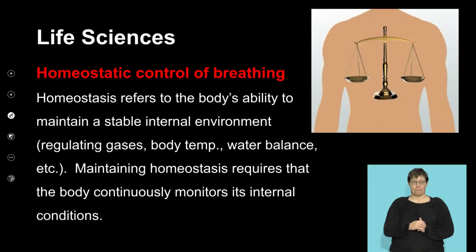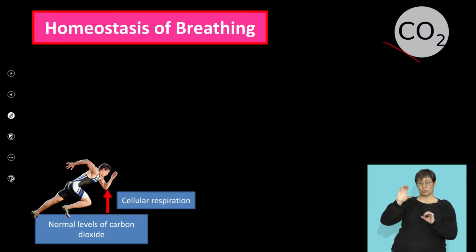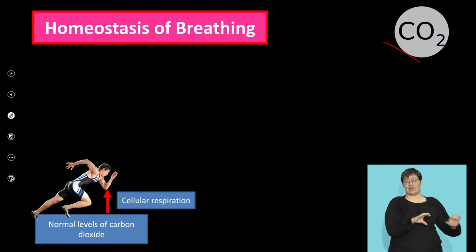Remember, homeostasis is about stability. I need to keep certain things stable. I'm going to draw a little diagram on the board and work through this. That's why I've put carbon dioxide at the top: I want you to understand that it's the carbon dioxide that's going to bring about this action, not oxygen.